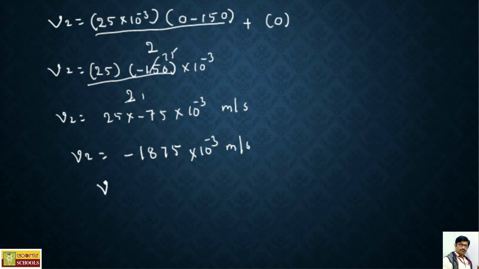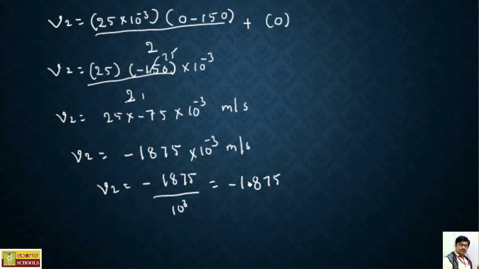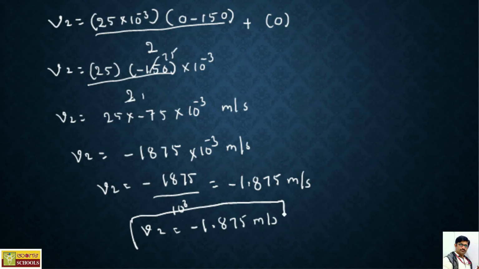So this means 1875 divided by 10 to the power 3, you will be left with minus 1.875. So V2 will be minus 1.875 meter per second. This will be the recoil velocity of the pistol.